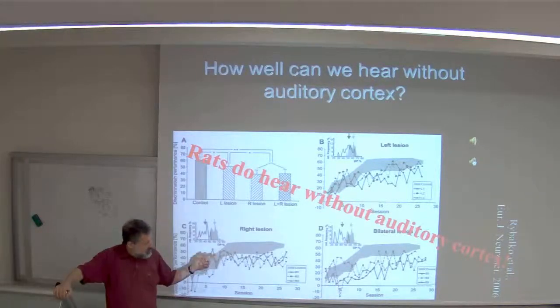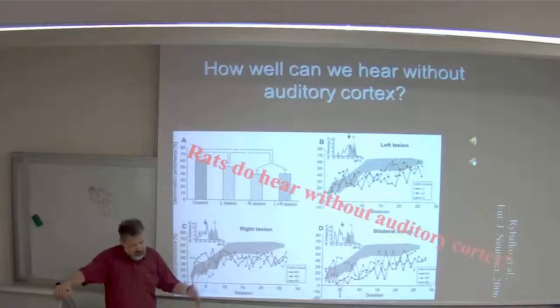The fact that animals with quite extensive lesions to auditory cortex can do quite sophisticated auditory tasks is not new. This is well known. The first thing people did in the 50s, after auditory cortex was localized, was to do lesions, and until today, people don't have a good notion about what type of tasks are affected.